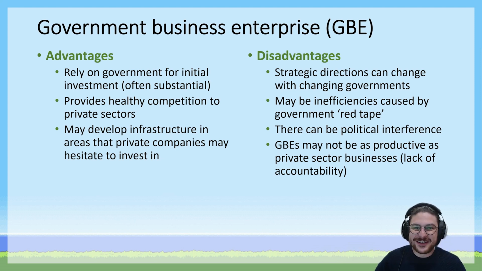And certainly, government business enterprises, and this is an advantage for everyone, because they have that high government investment, they can develop infrastructure that private companies may be less capable or more reluctant to invest in. So certainly, government businesses that use a large amount of imports and exports might invest in warehousing and wide roads around the ports and around the docks so that trucks have easier access in and out.